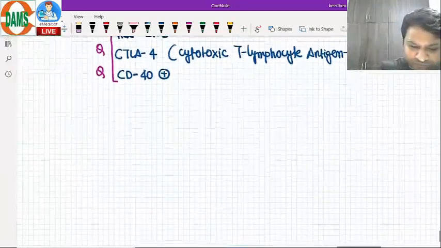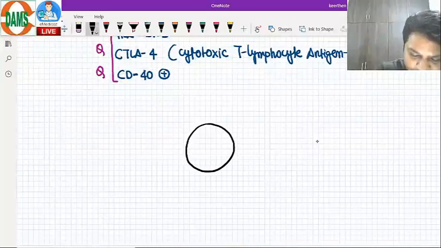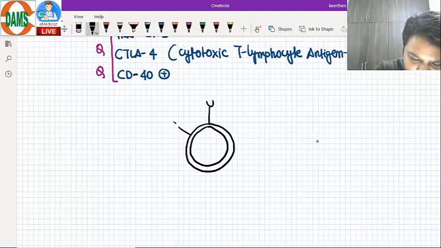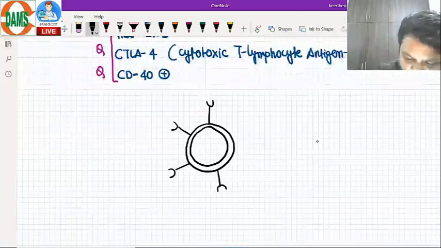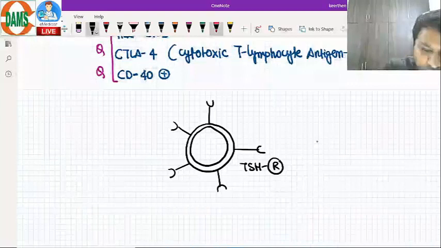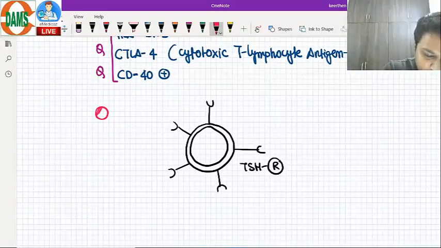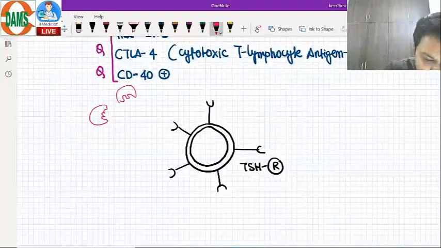Now, when we talk about these antigen antibody complexes, what will happen is the LATs which are formed. Now, let's say this is the follicle. And these are the TSH receptors which are present over the follicles. All these antibodies which are developed go by the name of LATs.